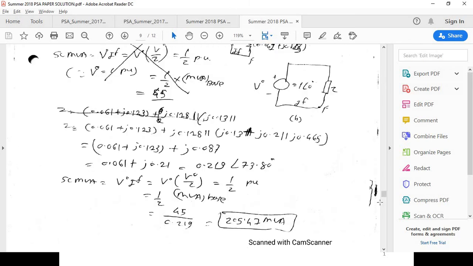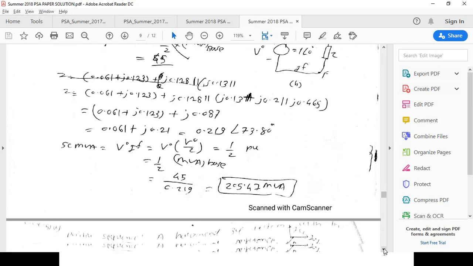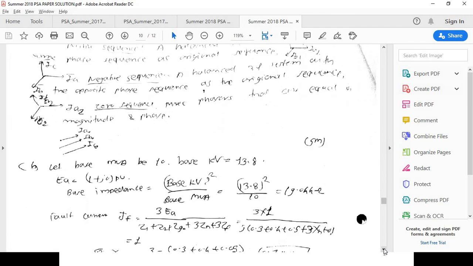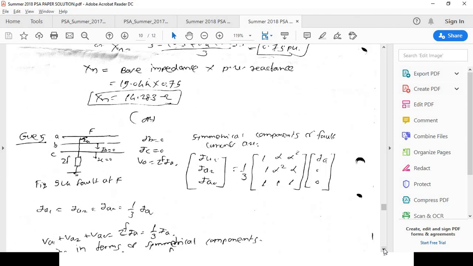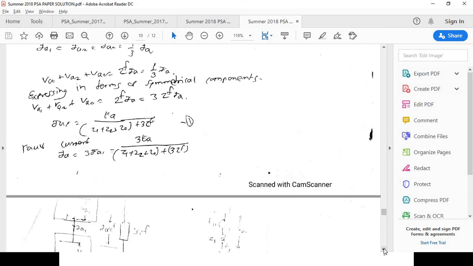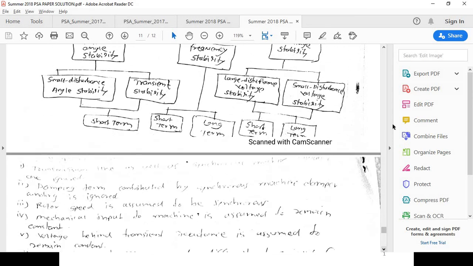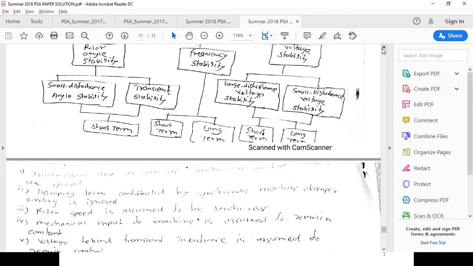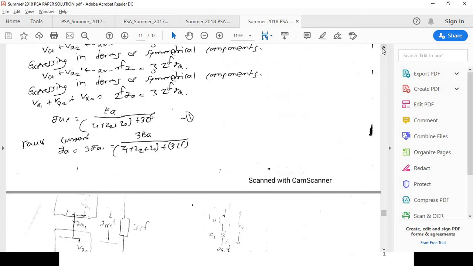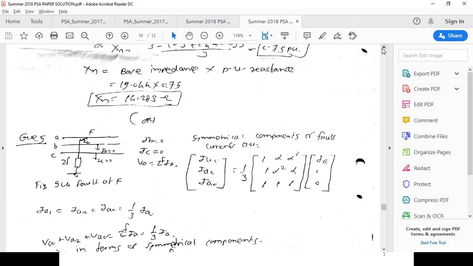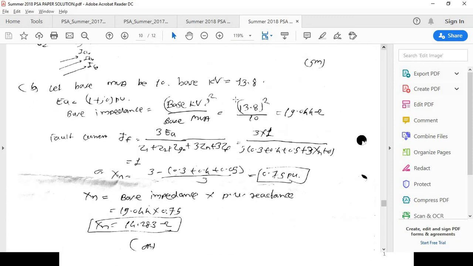So we'll try to solve this numerical. Actually, it is related to the selection of the current limiting reactance. The example is of line to ground fault, which means it is related to unsymmetrical fault analysis.